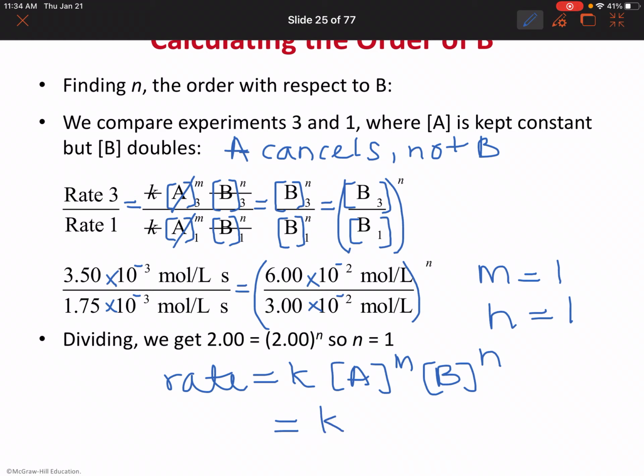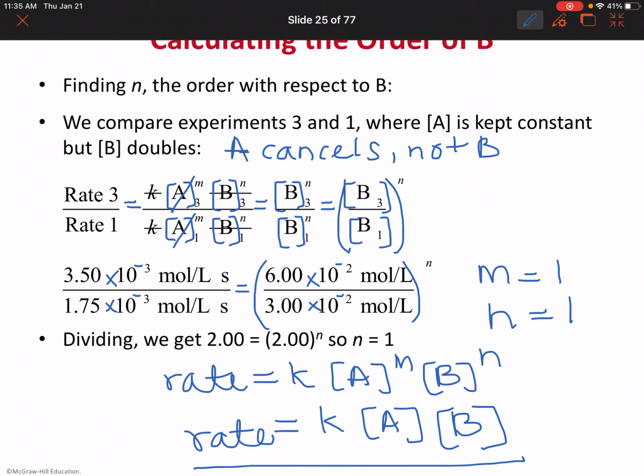So now we know the rate law is K, A. Normally we don't write the 1, B. So this is the rate. Rate is first order with respect to A, first order with respect to B, and second order overall. So the rate law is rate equals K[A][B]. Okay.